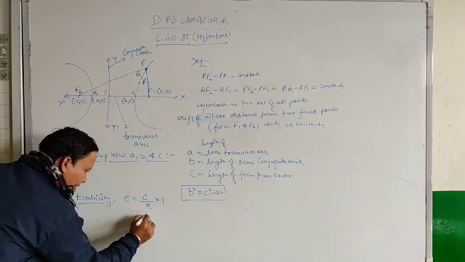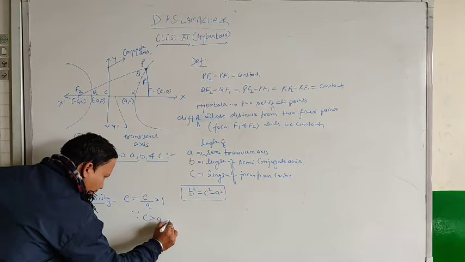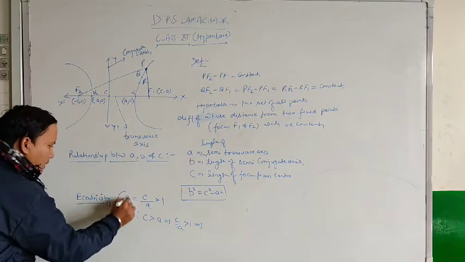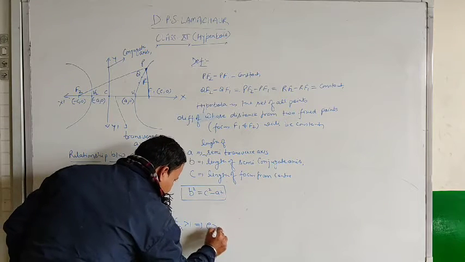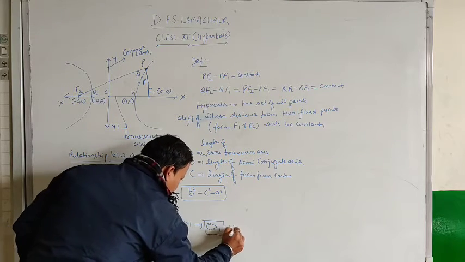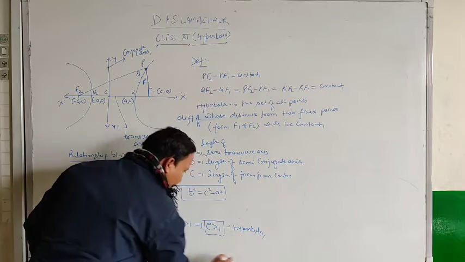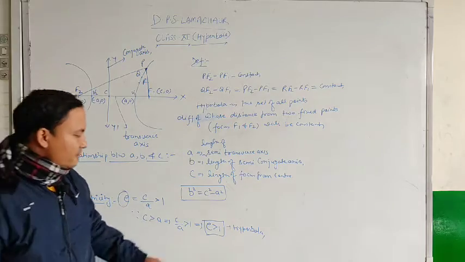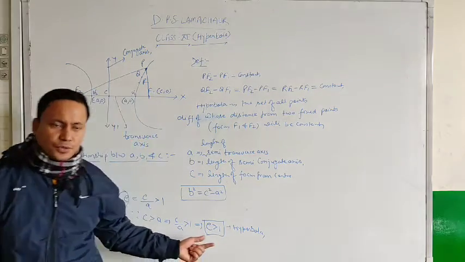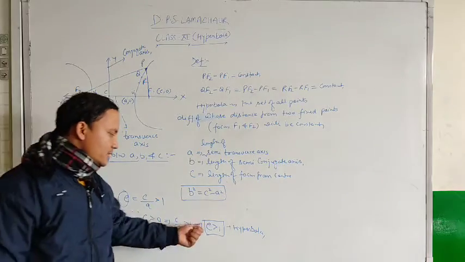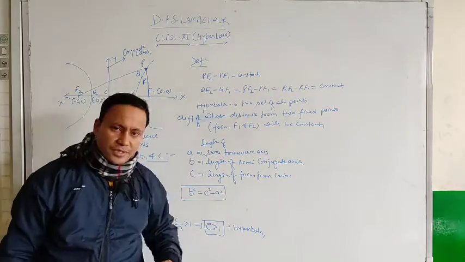So this implies c upon a is greater than 1, and this implies e is greater than 1. This can be asked for 1 mark as a viva question. In case of hyperbola, eccentricity is greater than 1, and in case of ellipse, eccentricity is less than 1. Okay, pause the video and take the screenshot.